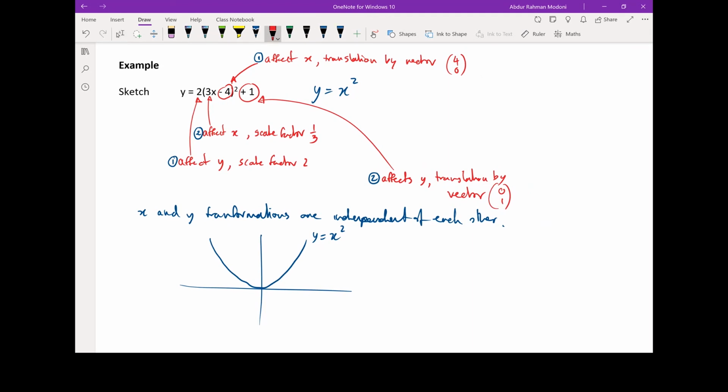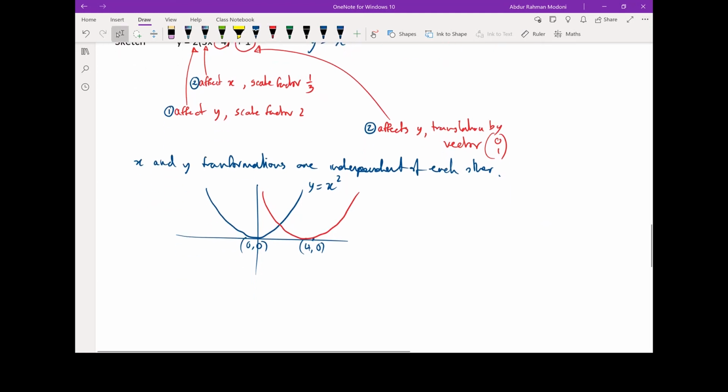What would that do? Well, it would take this coordinate (0, 0) to (4, 0) first. And then we multiply all the x values by a third.